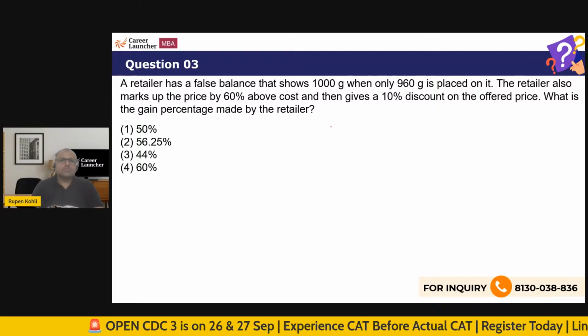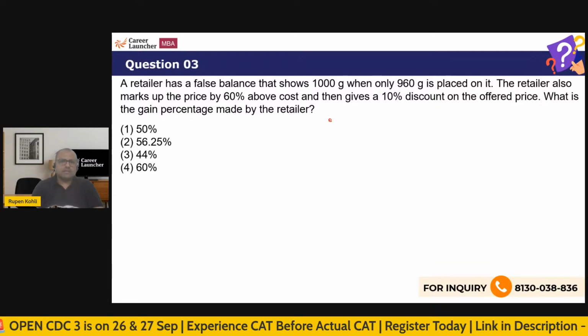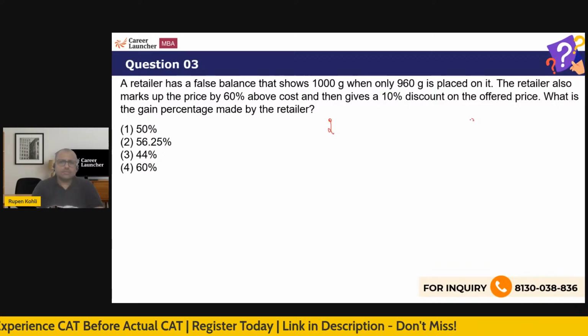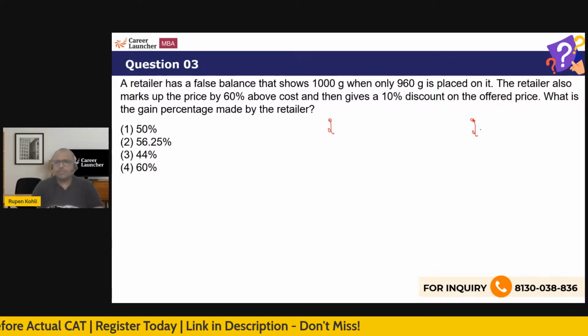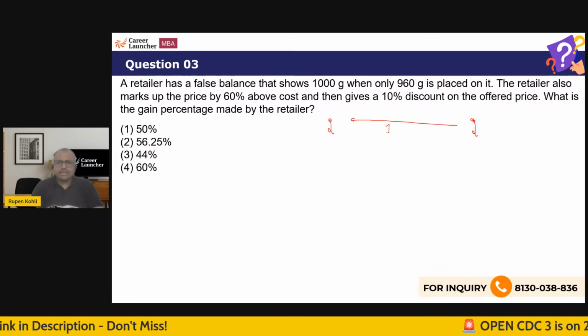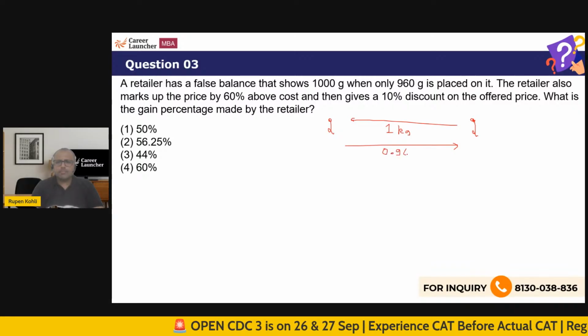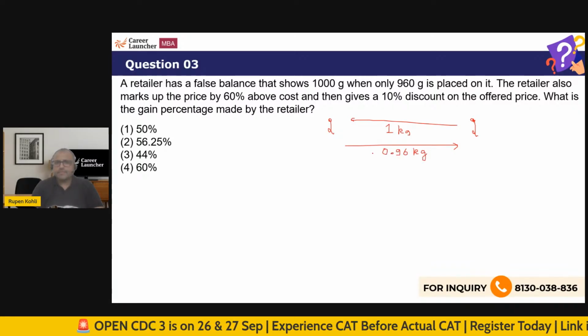So consider a transaction of 1 kg happening. Okay, so the retailer says to the customer, okay, take 1 kg from me, right? So therefore, he gets the money of 1 kg worth of goods, but the actual quantity transferred to the customer is only 0.96 kg.